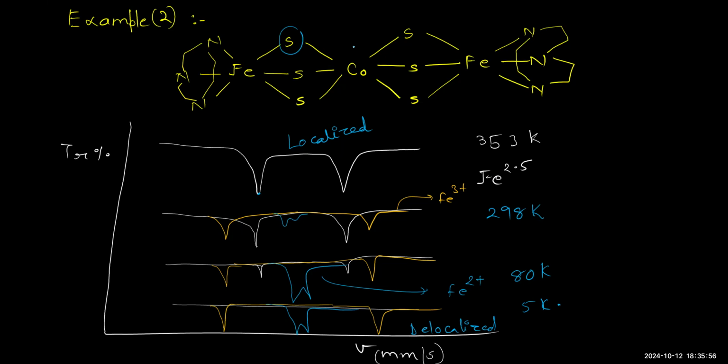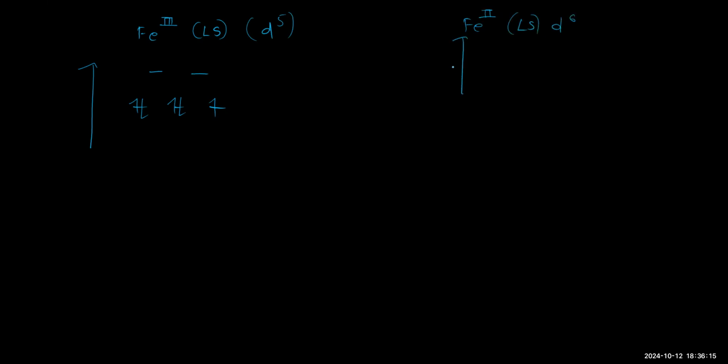So if you are saying one is Fe 3, other is Fe 2, so Fe 3 low spin, if we have to draw, since it's an octahedral state, you can consider iron 3 low spin is d5, iron 2 is low spin d6. This is your energy. This is Eg and this is T2g. It would be totally paired.